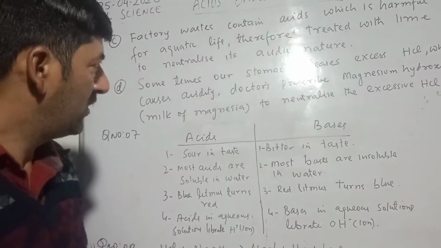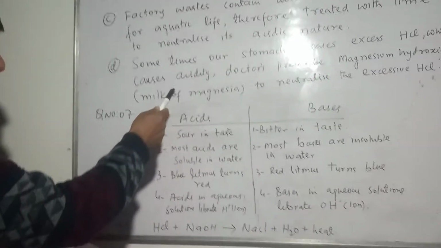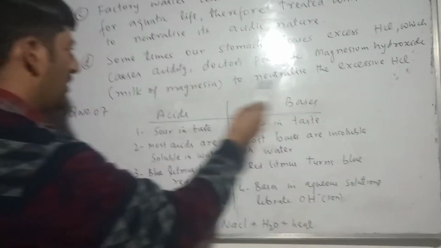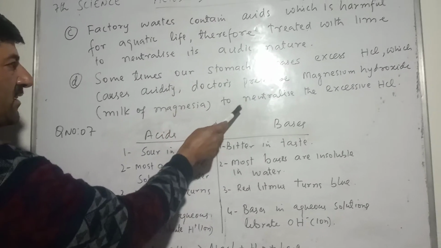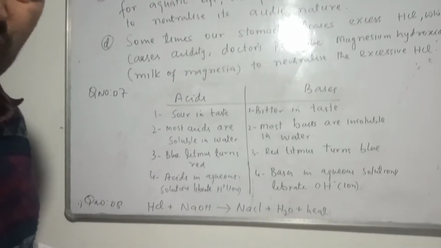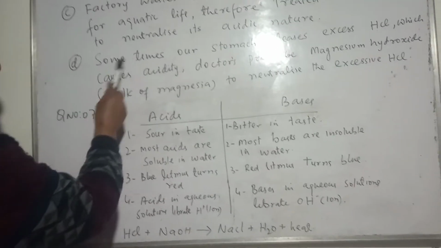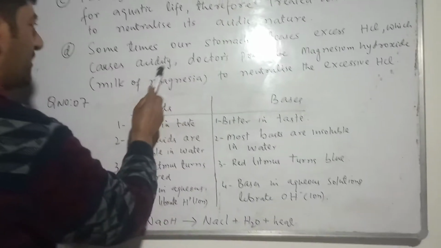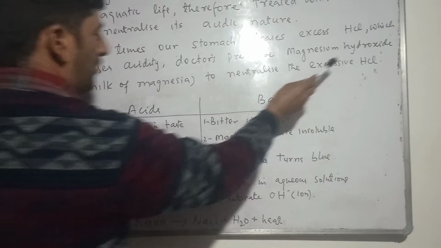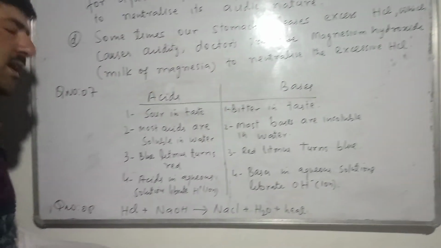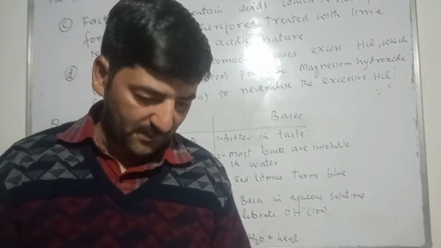To relieve that acidity, doctors prescribe milk of magnesia, which contains magnesium hydroxide. This magnesium hydroxide neutralizes the acidic effect of hydrochloric acid, so we get rid of stomach pain. So doctors prescribe magnesium hydroxide, what we call milk of magnesia, to neutralize the excess hydrochloric acid. So we get rid of the pain.